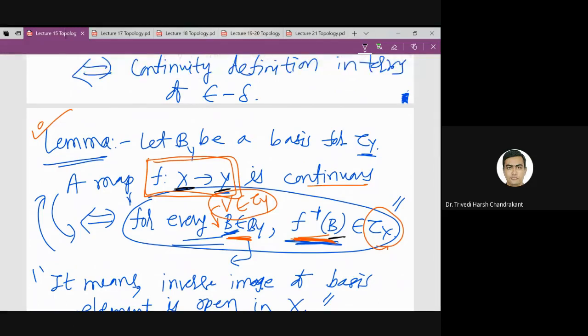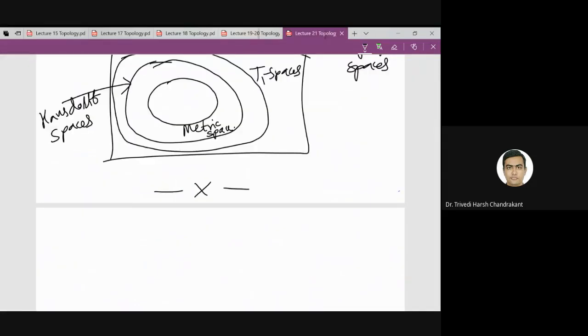So let us first discuss one example of this type.